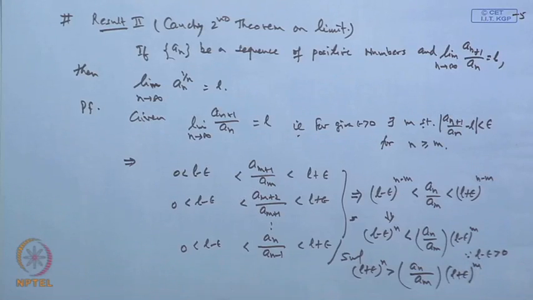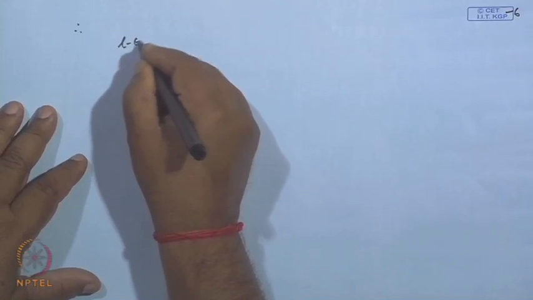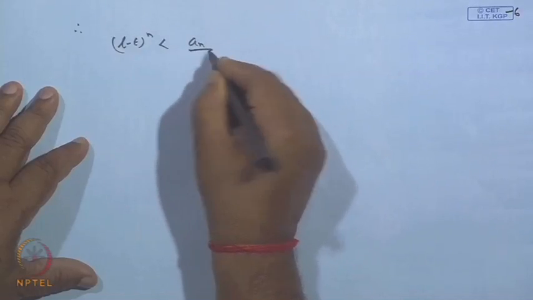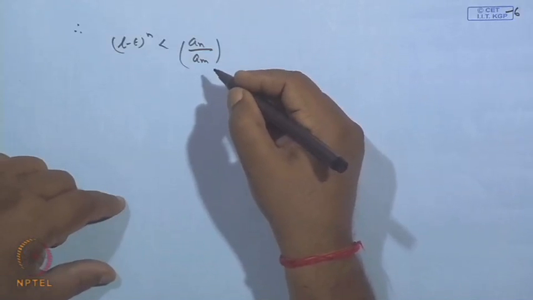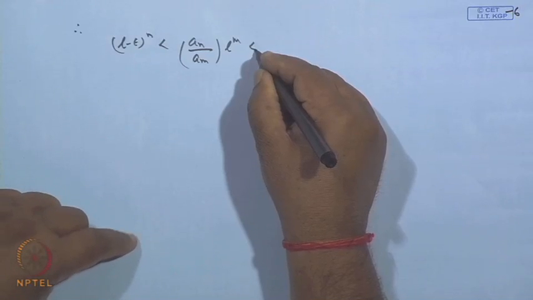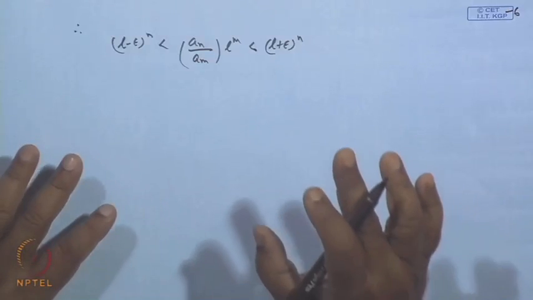So, therefore, we get L minus epsilon to the power n is less than a n over a m times L to the power m, which is less than L plus epsilon to the power n, is it not?